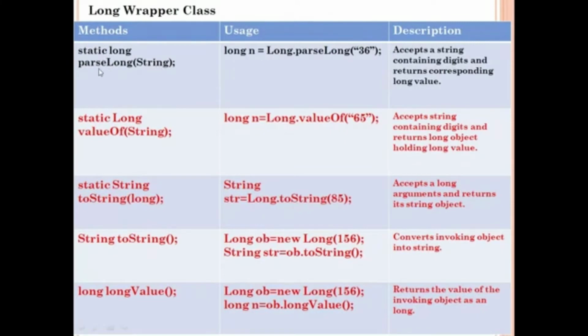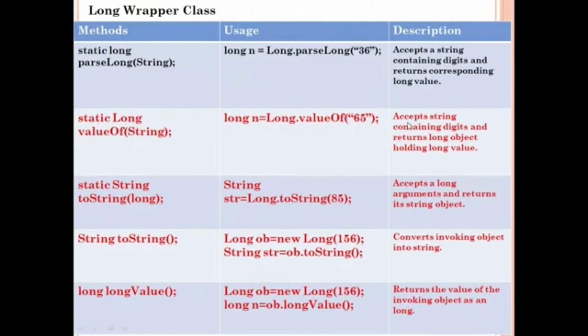Let's consider the example here. long n equal to Long dot parseLong("36"). 36 is your string. When you use this parse method, the string 36 is going to be converted into long. And the description is it accepts a string containing digits and returns the corresponding long value.